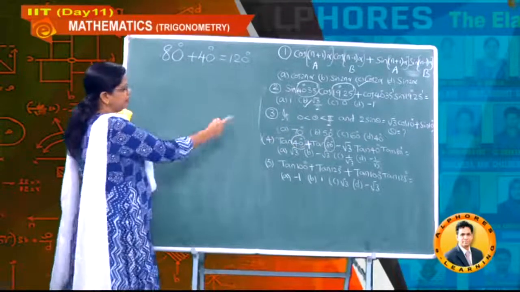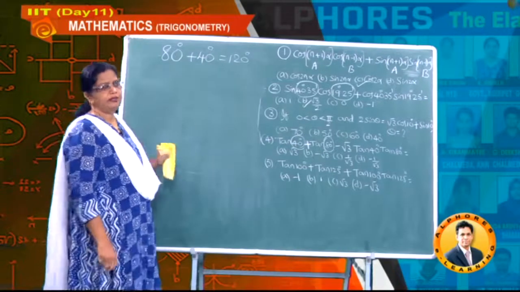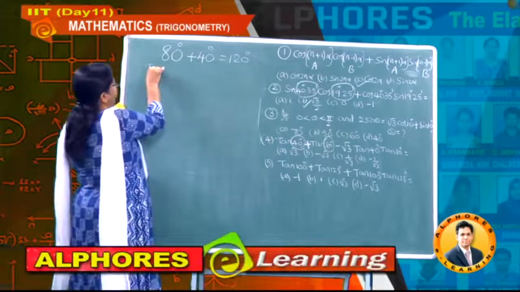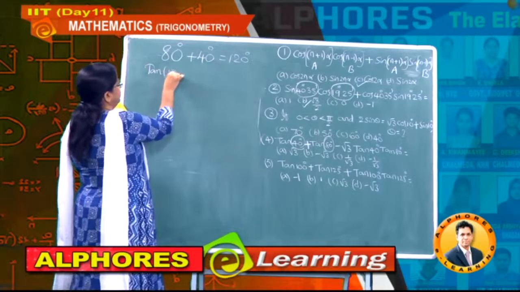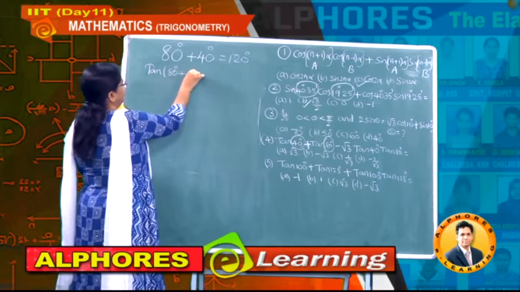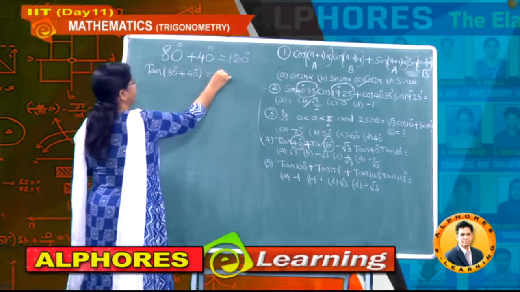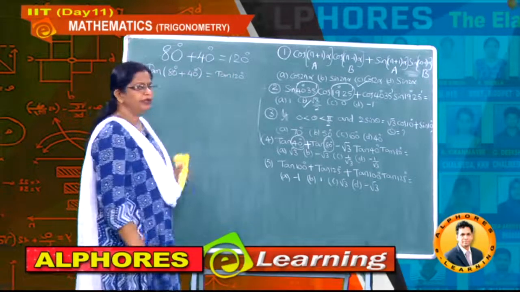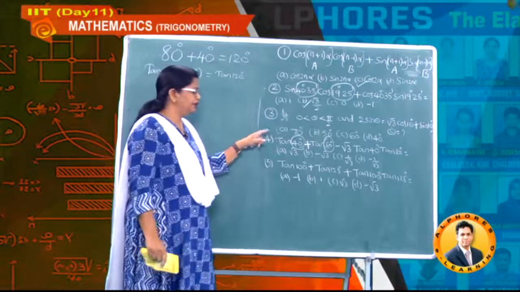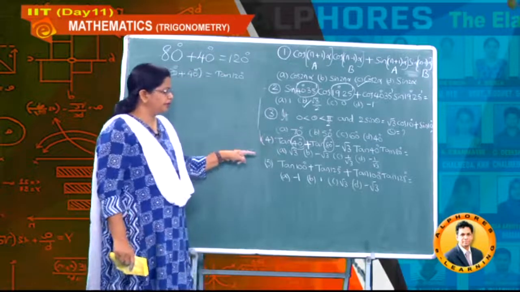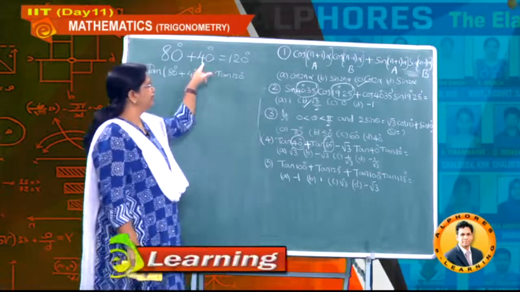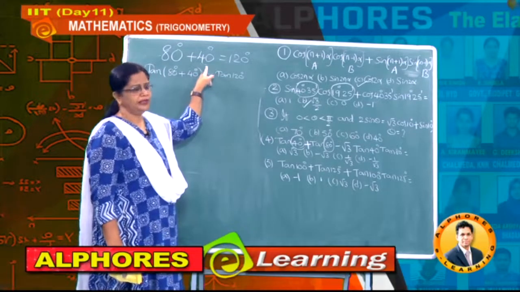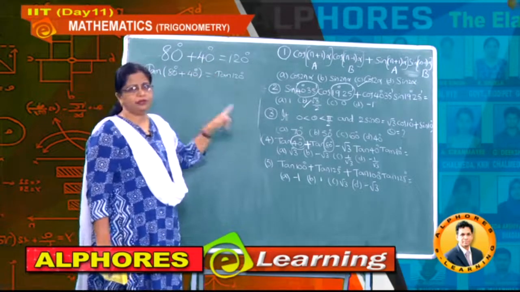Hence, as the problem is in terms of tan function, I am taking the tan function on both sides. So tan of 80 plus 40 equals how much here? Tan 120. Students, I think you have been observing for a long time, whenever a problem is in terms of tan, we use this kind of formula. So the same here also we adopted.